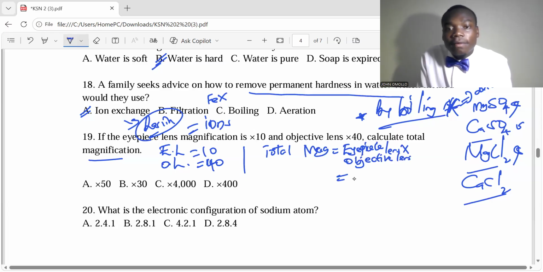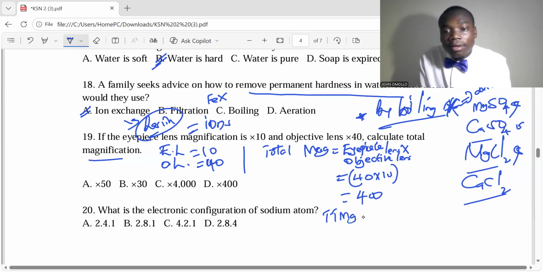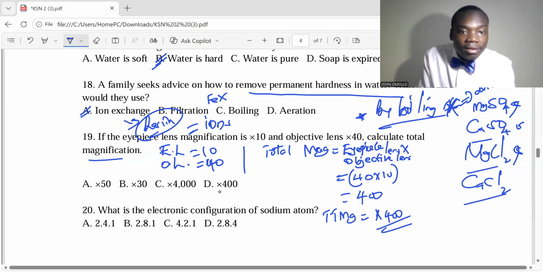So we are going to have 40 times 10, which is 400. Because it is magnification, the total magnification is times 400. So which is that? Choice D.